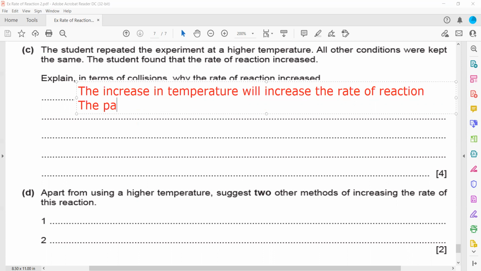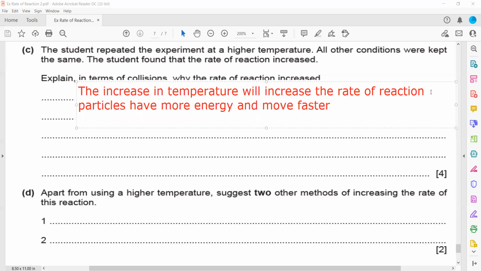The energy of the particles increases, and they move faster. Then what happened? More frequent collisions between the particles.